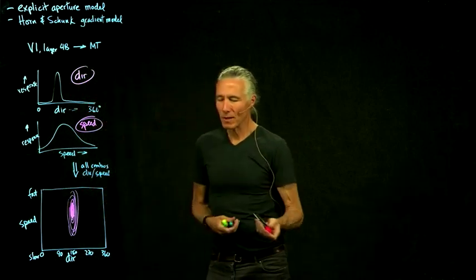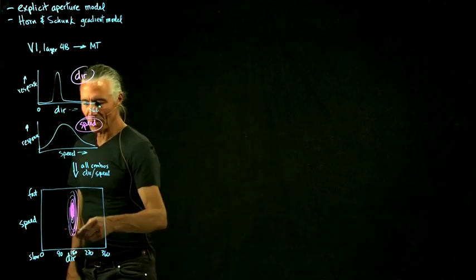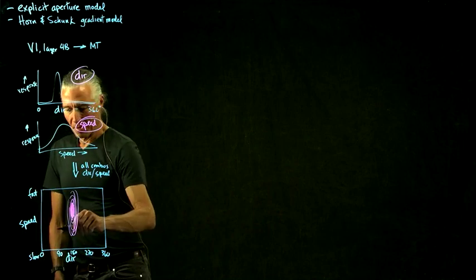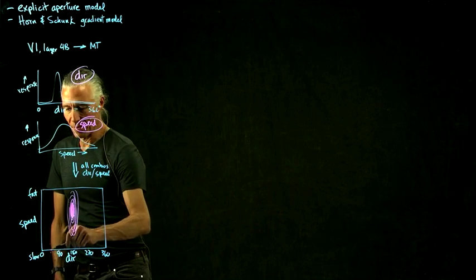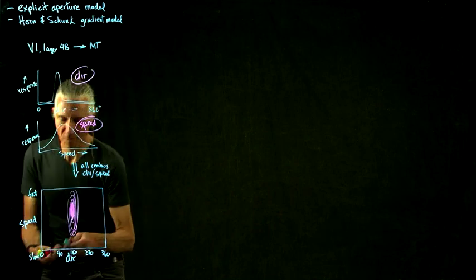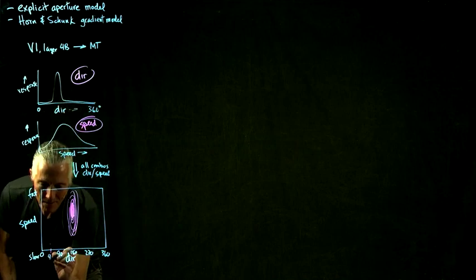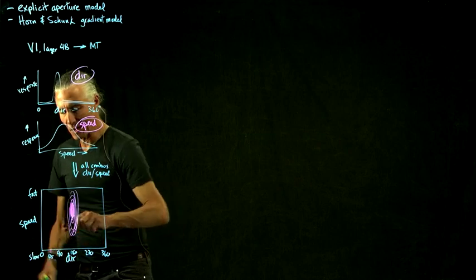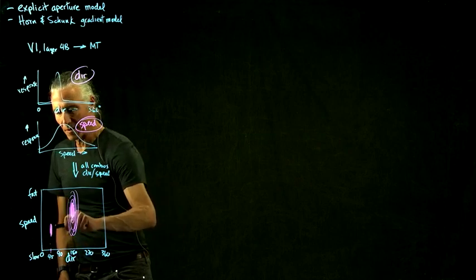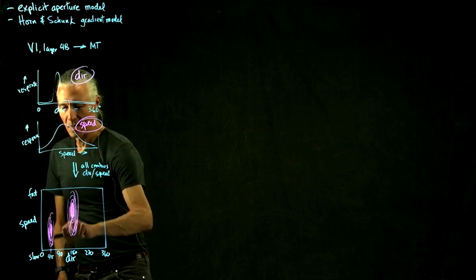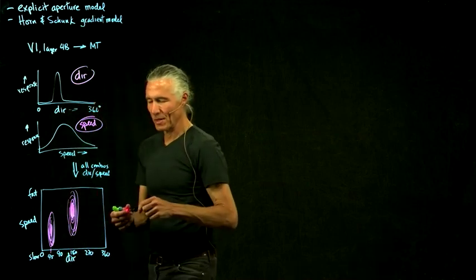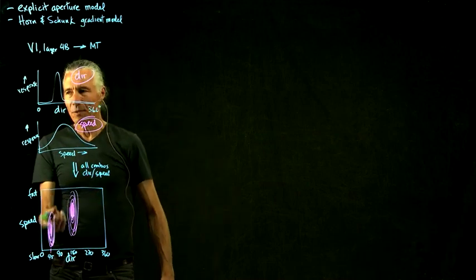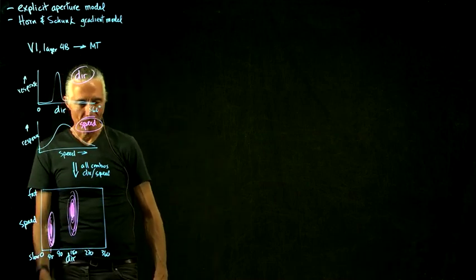And what would another cell look like? Here's another cell that maybe responds to 45 degrees, but at slower speeds. And so what you find is all different combinations of cells. That's a cell that is selective for speed and also selective for direction.